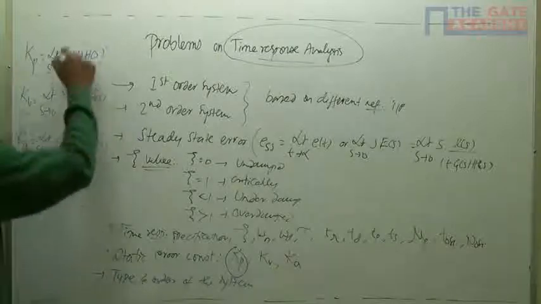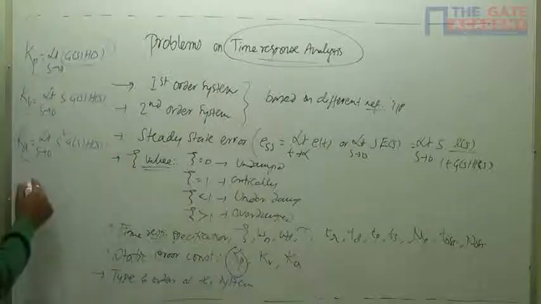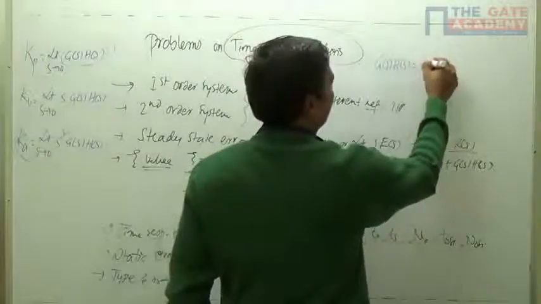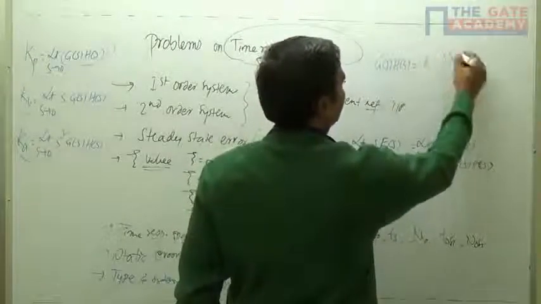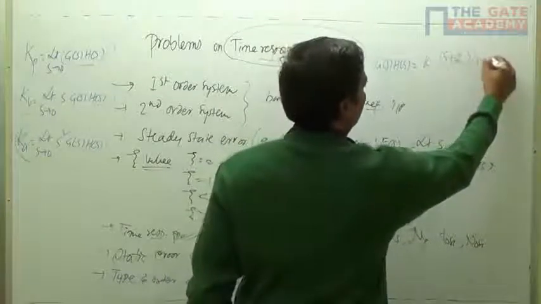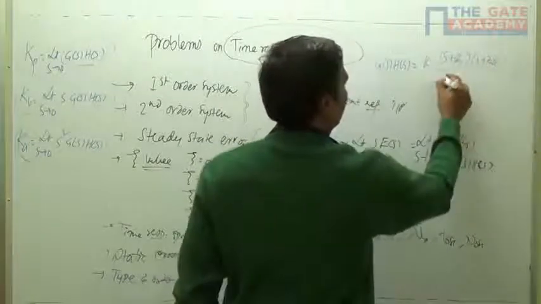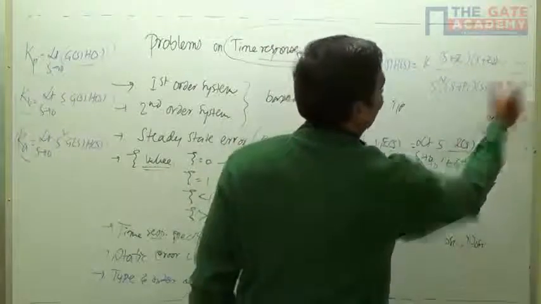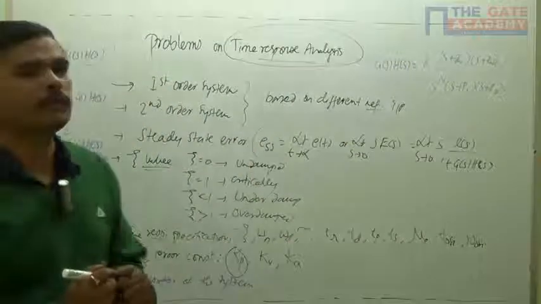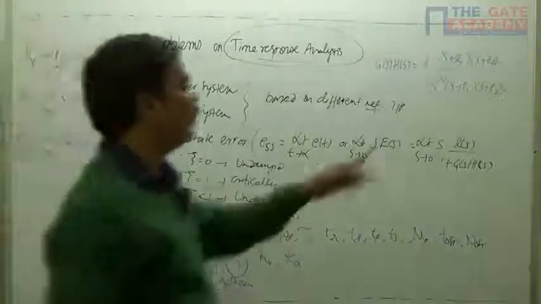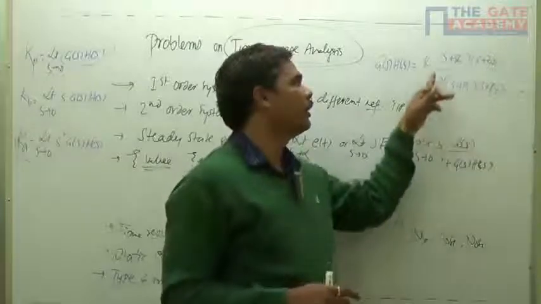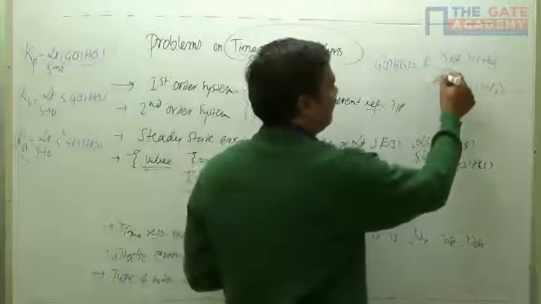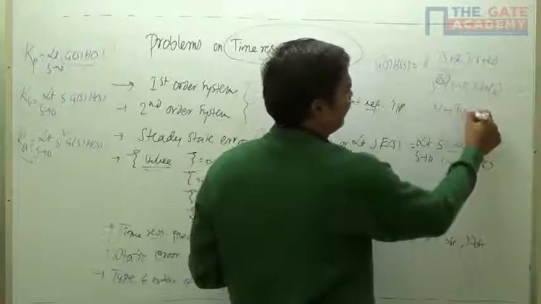Based on the loop transfer function, G(s)H(s) equals K into (s plus z1)(s plus z2) and so on, divided by s to the power n, (s plus p1)(s plus p2) and so on, where z1, z2, z3 are zeros, p1, p2 are poles, and K is the system constant gain. And s power n, where n decides the type number.